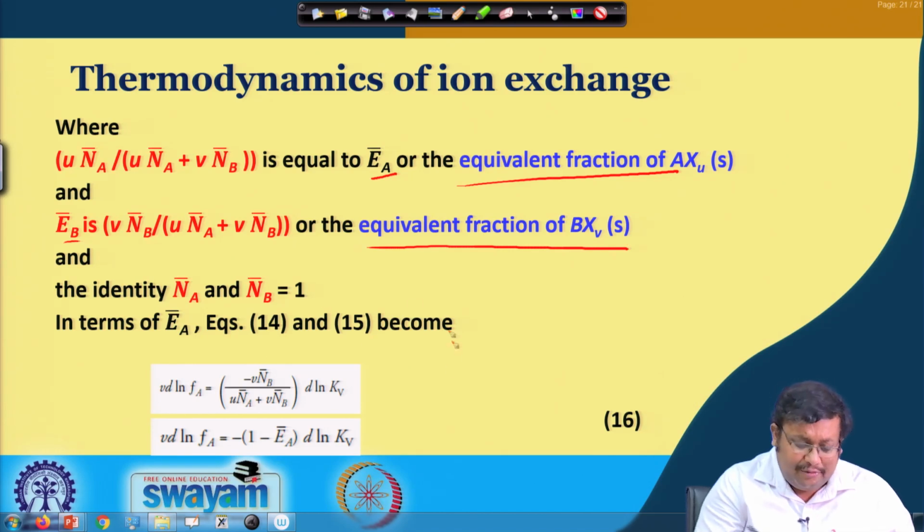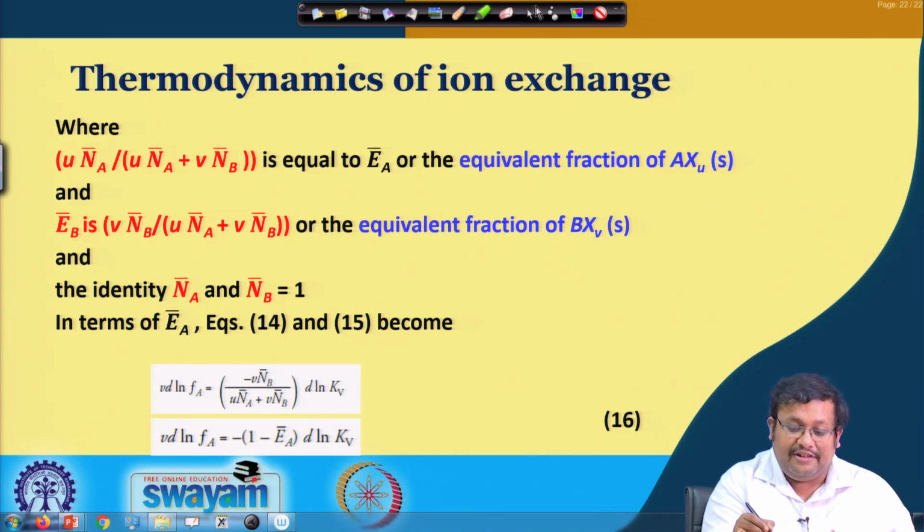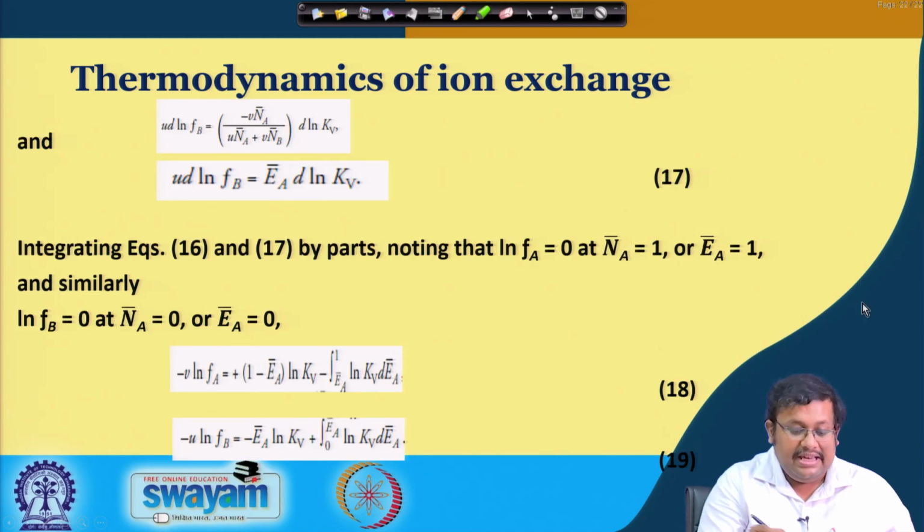So, if we put the values of EA into equations 14 and 15, equation 14 will become equation 16 and equation 15 will become equation 17.